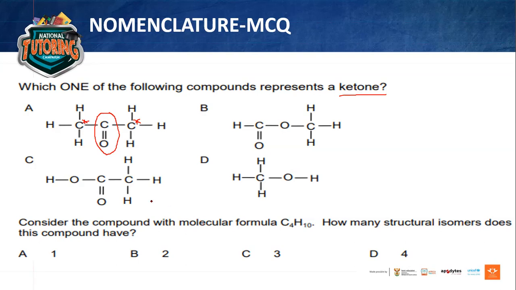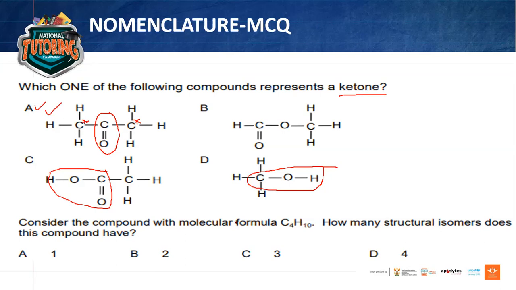And then if you look at option C, it has C double bond O with an OH. So this part is a carboxyl group. So C is a carboxylic acid. And then when we deal with option D, we can definitely see that this one is an alcohol. So the correct answer is option A. It's a ketone.